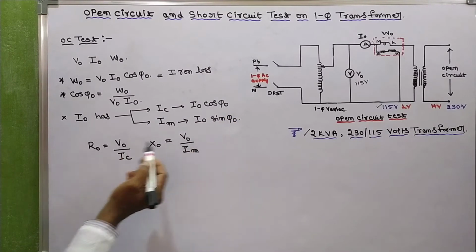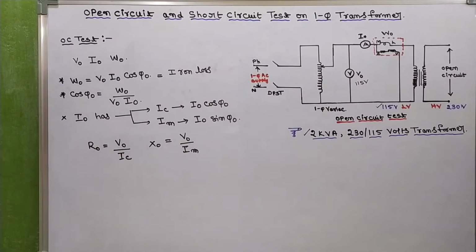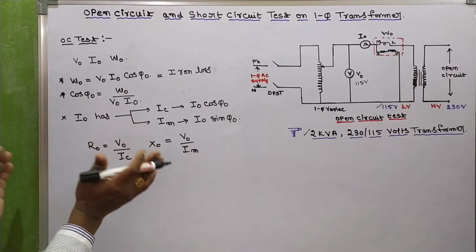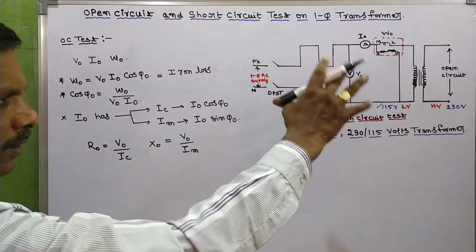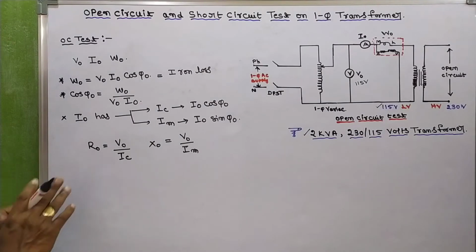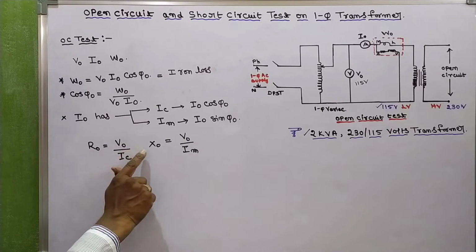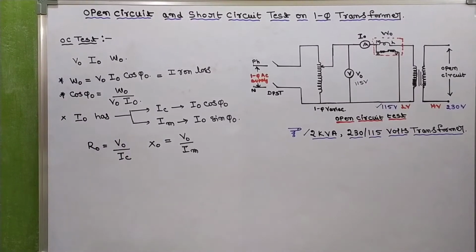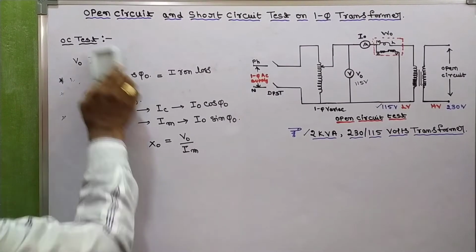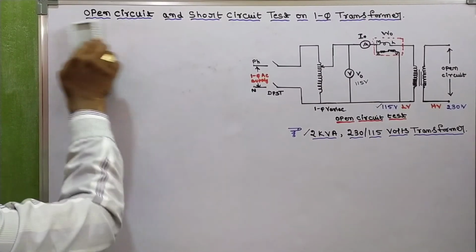V0 is the no load voltage, which is 115 volts. So in this way, with the help of open circuit test, we are going to derive the exciting parameters R0 and X0.